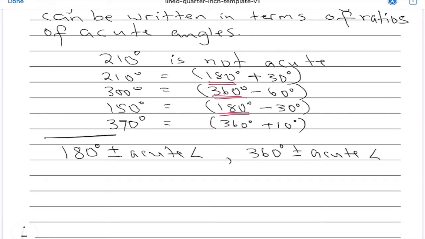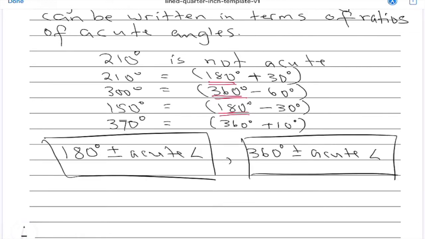And this is what we mean when we talk about the reduction formulae. We are reducing from those non-acute angles into a format that actually includes the acute angle. I'll show you this in the context of the cast diagram.